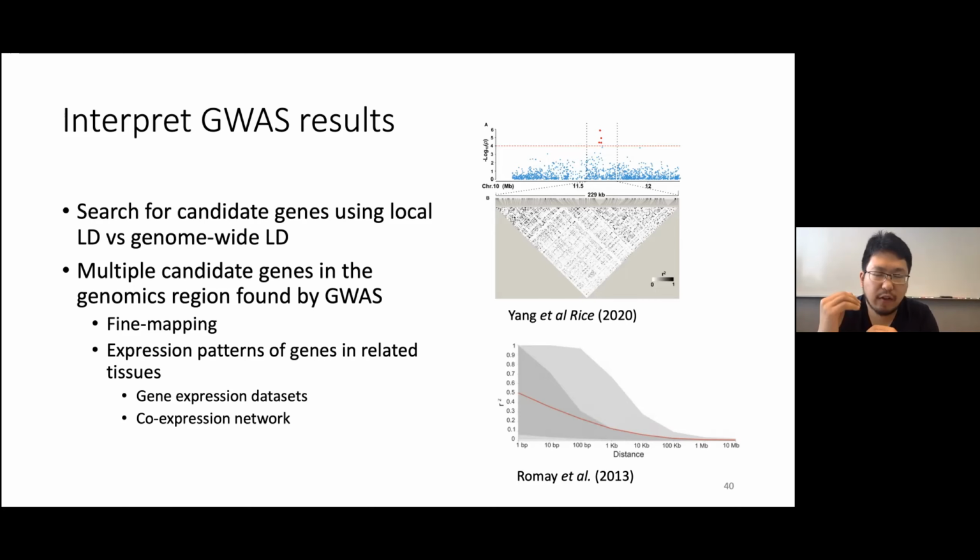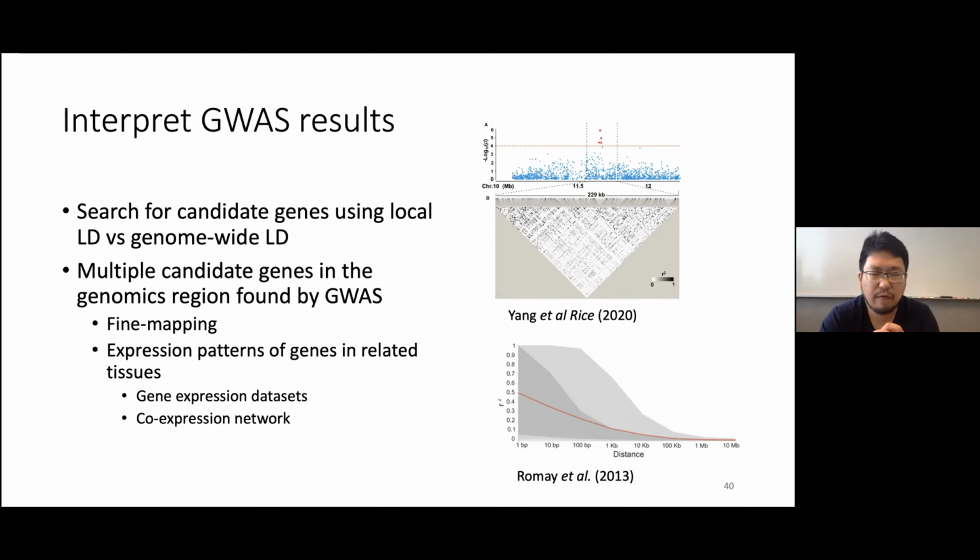Like you can check the expression patterns of the candidate genes in the tissue that is related to the phenotype you're interested in. So for example, if you're studying leaf-related traits in plants, then you can check if some of the candidate genes in that region are highly expressed in leaf tissue. And that could be some evidence for you to follow up.